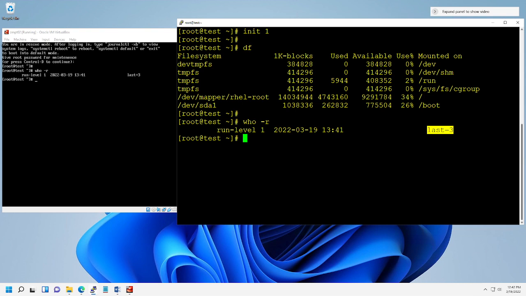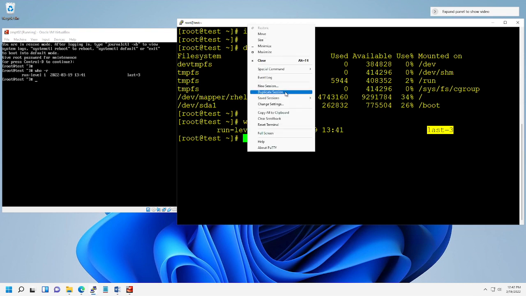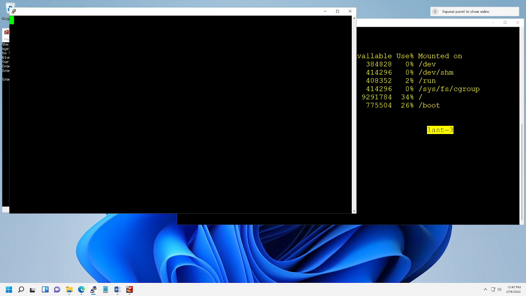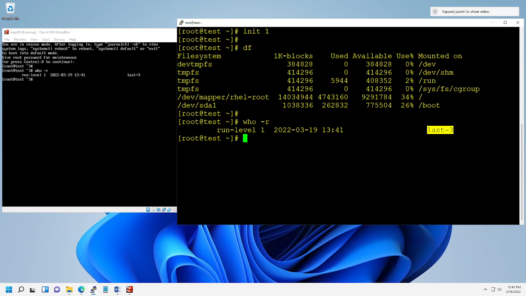Okay, so let's see here. What will happen is in this environment, it will preserve the existing connection. But if you try to connect again, it will not do that.